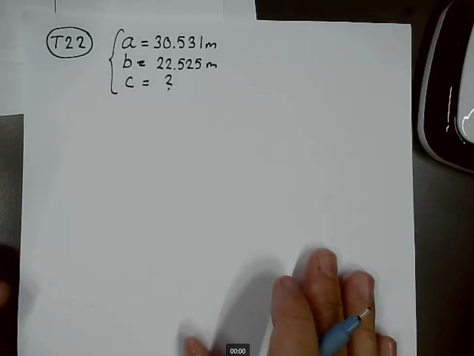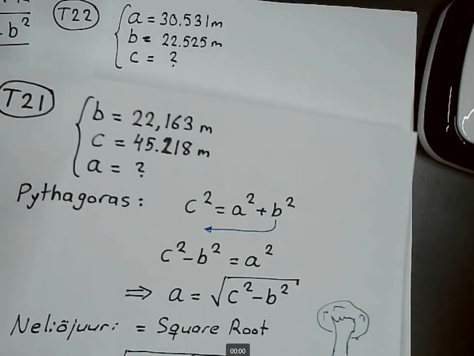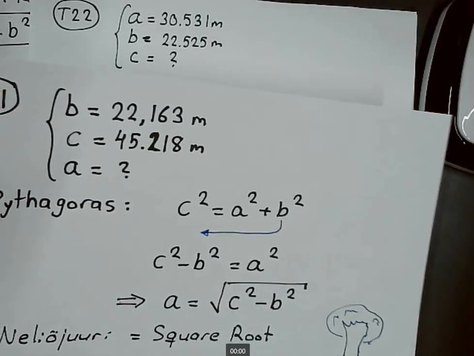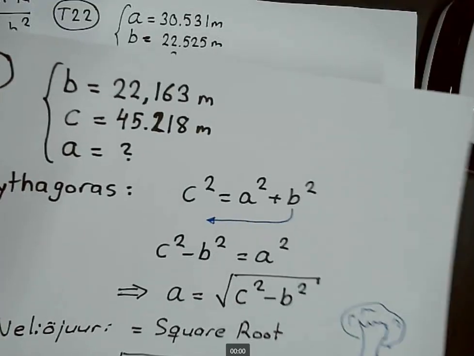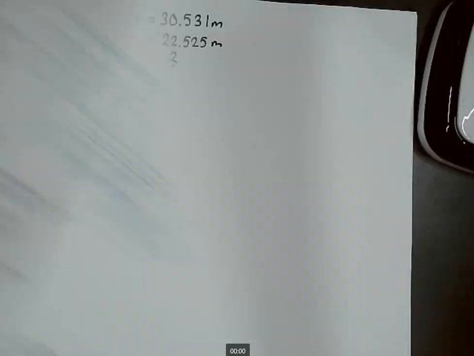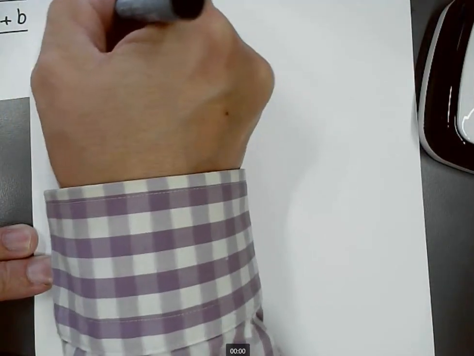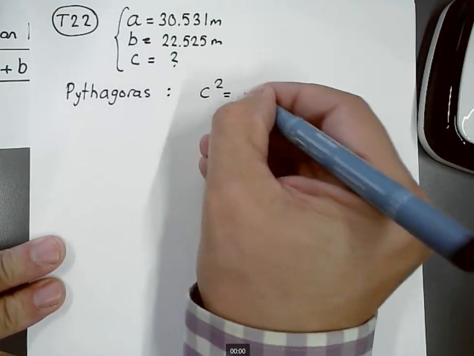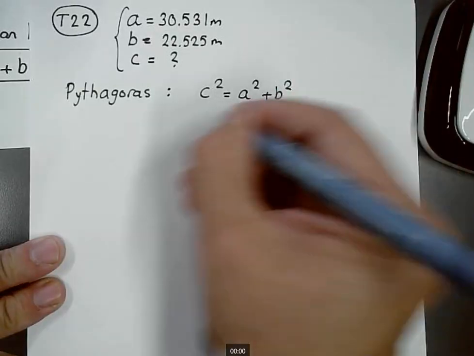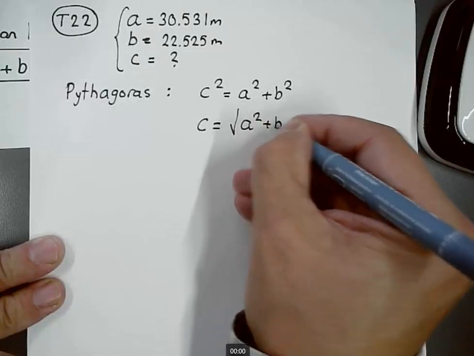This is simpler than the first example. We had this Pythagorean theorem, which almost tells the answer. You know what C squared is, so you only have to take the square root of that right hand side. Pythagoras: C squared equals A squared plus B squared, so you will get C with the help of the square root.